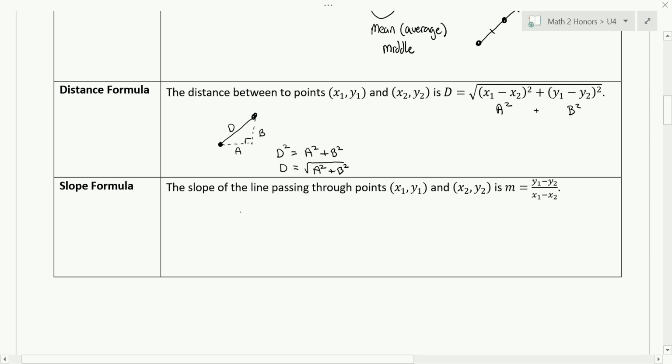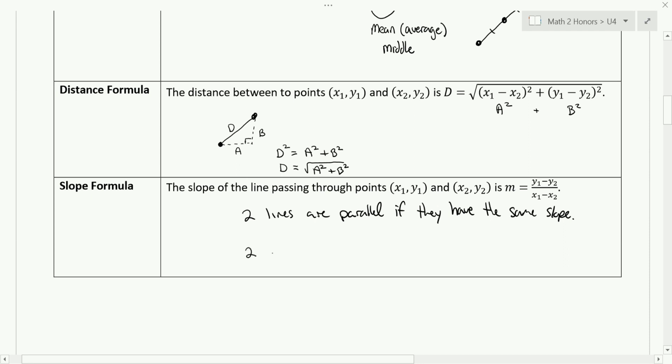For slope, there's the formula, but I just want to say a couple things. One that you saw in your homework, that two lines are parallel if they have the same slope, and they're not the same line, okay? But I want to add the other part.